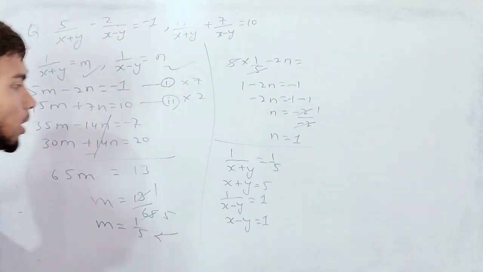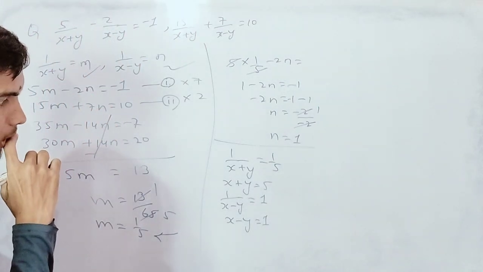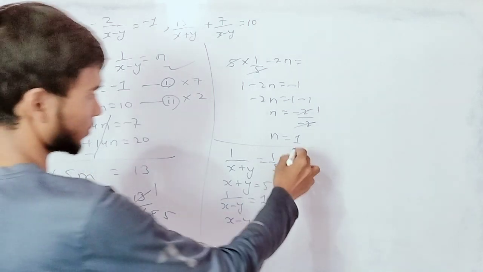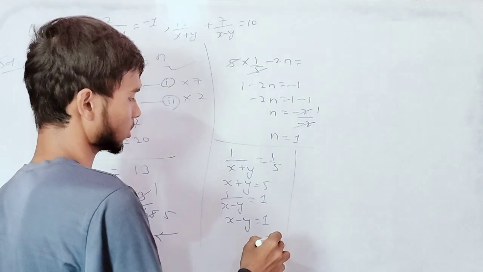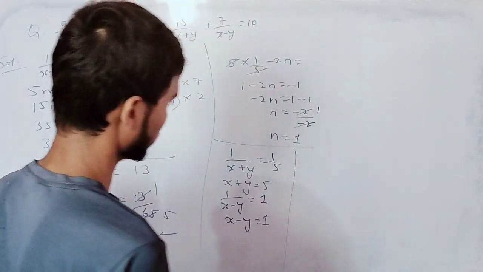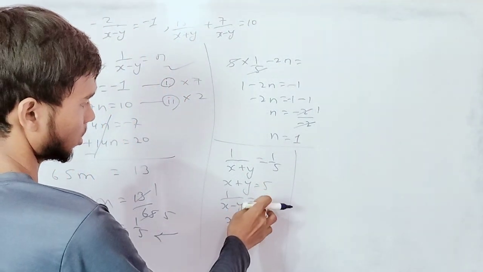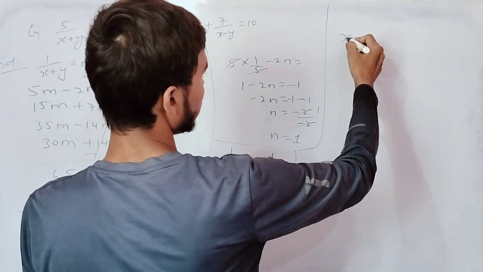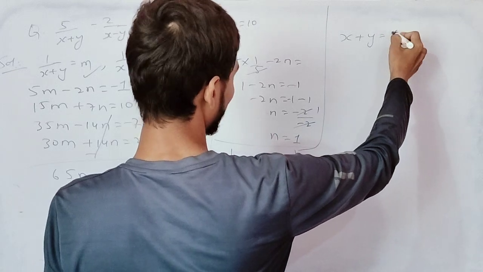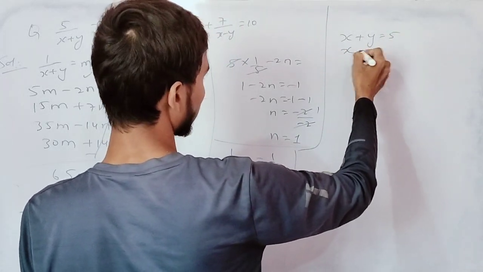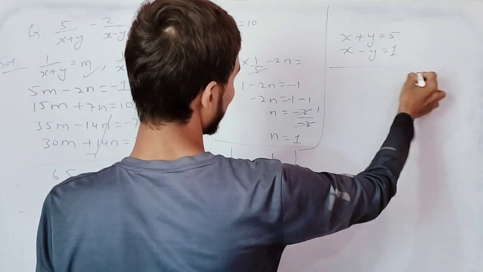Now again we will do one thing. What? x plus y is equal to 5, x minus y is equal to 1.